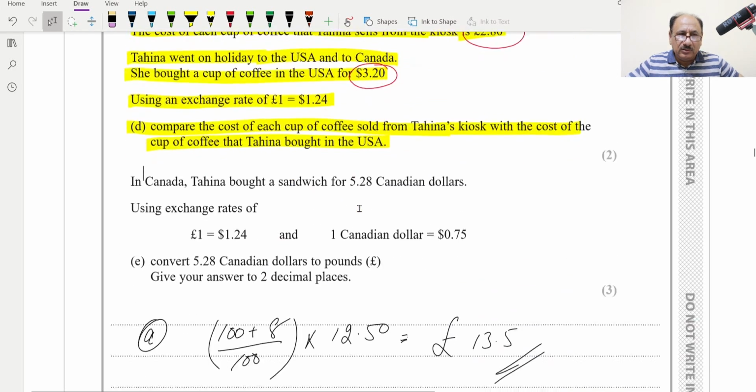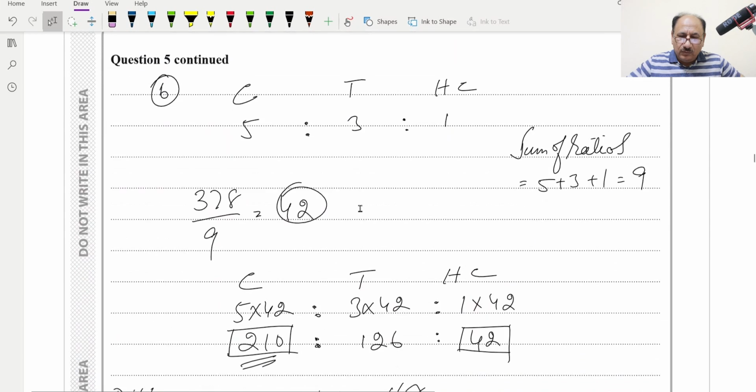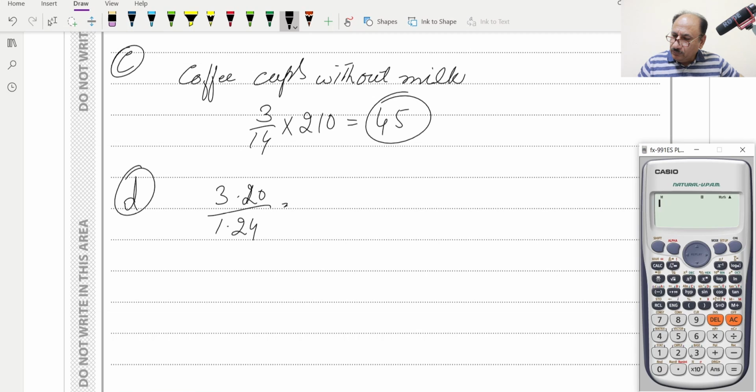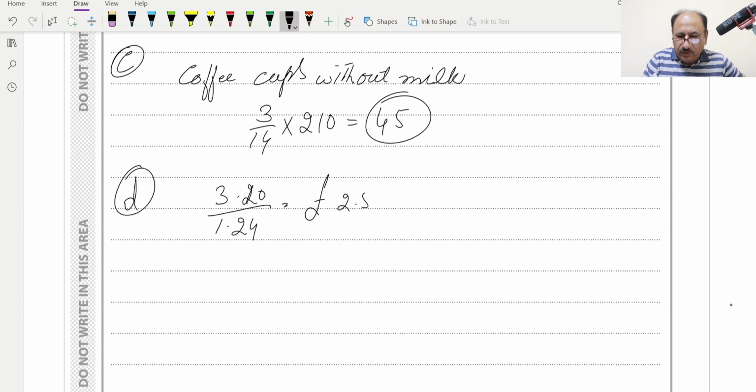3.20 will be divided by the conversion ratio, so we can write 3.20 divided by 1.24, and this is equal to 2.58. So this will be 2.58 pounds.